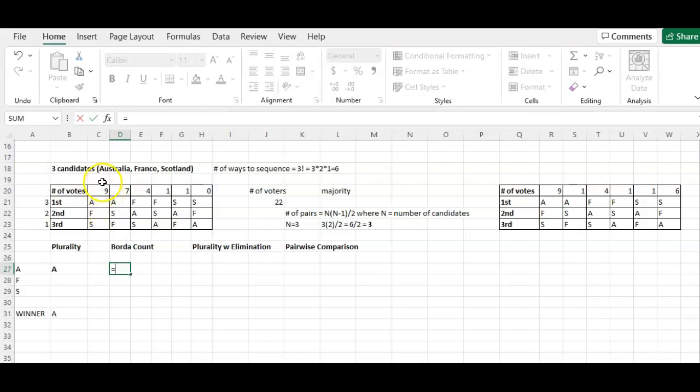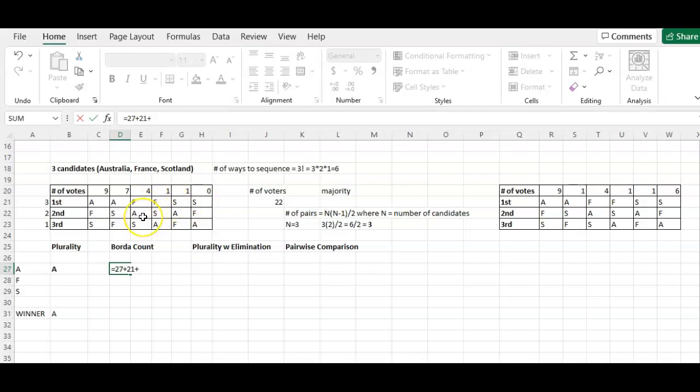In this first column, there's 9 votes at 3 points because A is in first place, so that's 27. Then I'm going to add to that 7 votes at 3 points is 21. I'm multiplying those 2 numbers together, 7 and 3. And I'm going to add to that.